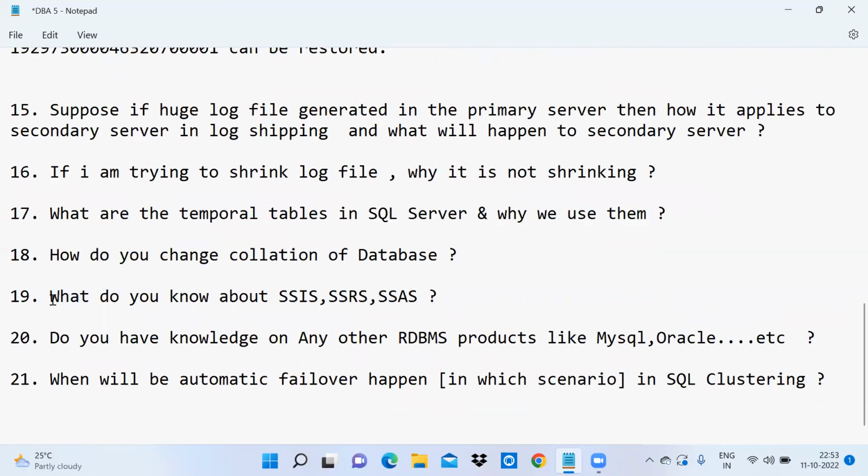What do you know about components like SSIS, SSRS, SSAS? And do you have knowledge on any other RDBMS products like MySQL, Oracle?